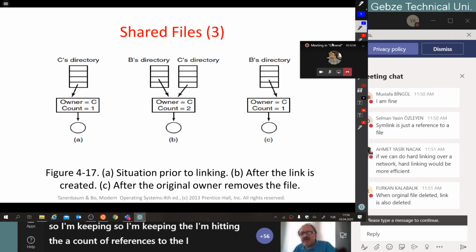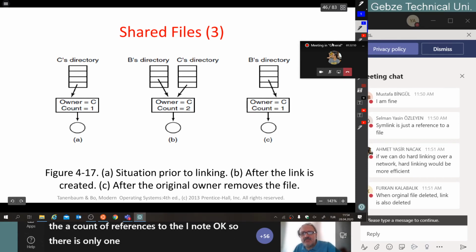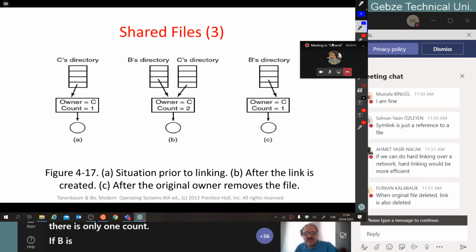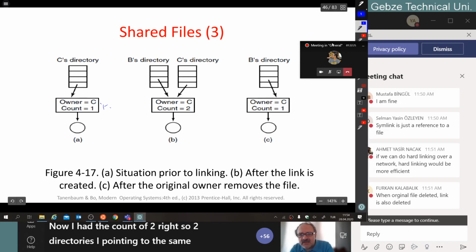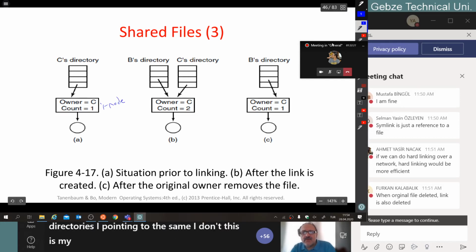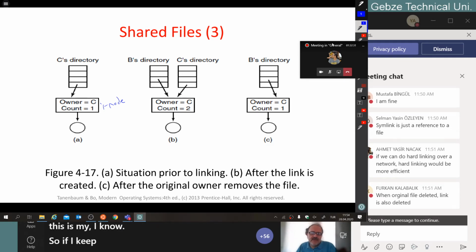Okay, so there is only one count. If B is pointing to that inode, now I have the count of 2. So 2 directories are pointing to the same inode. This is my inode.